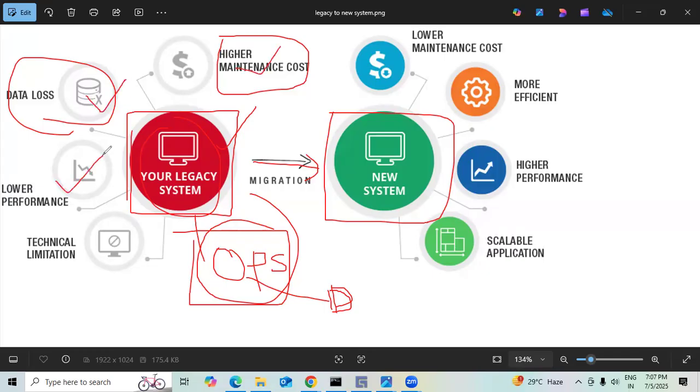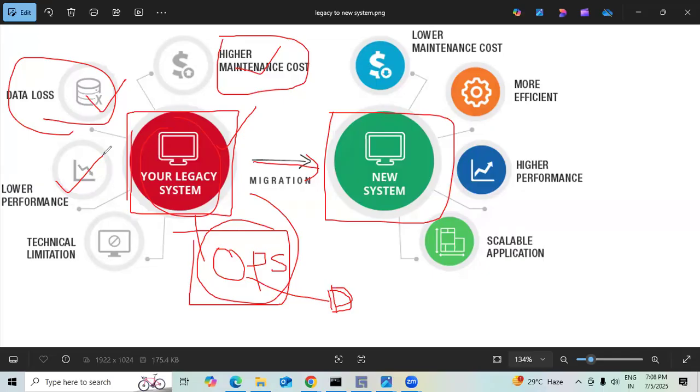Point number three, lower performance. Lower performance means the application slows down as the load becomes heavier. For example, in healthcare organizations, operations were very limited at the beginning, but over a period of time they increased to the next level. So multiple client systems and user systems will be connected across different places to a particular server.